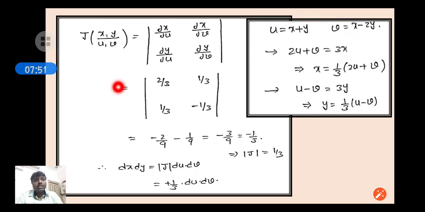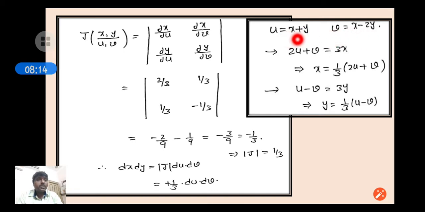So now I am calculating the Jacobian of x comma y with respect to u v. I am writing the definition of Jacobian here: dou x by dou u, dou x by dou v, dou y by dou u, dou y by dou v. I know that u is equal to x plus y and v is equal to x minus y.